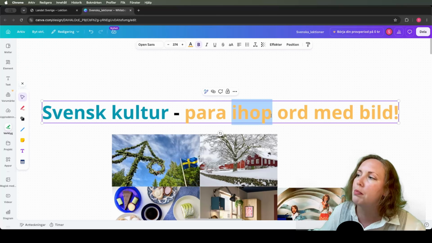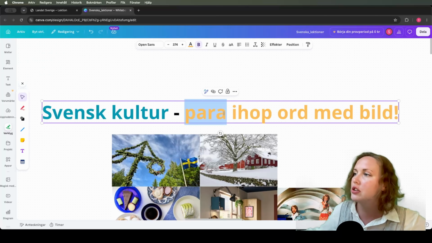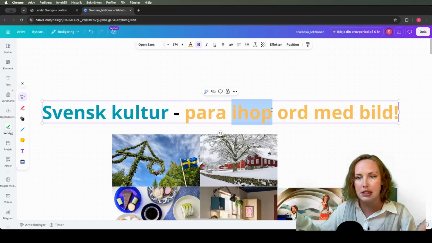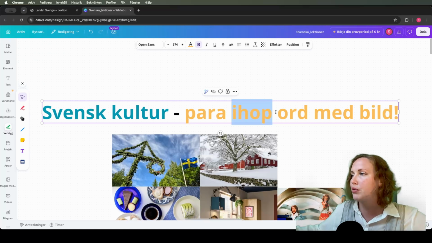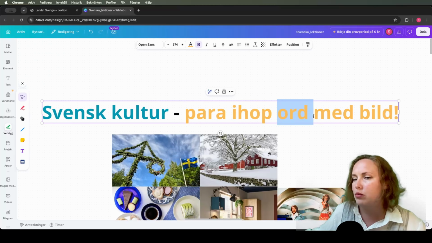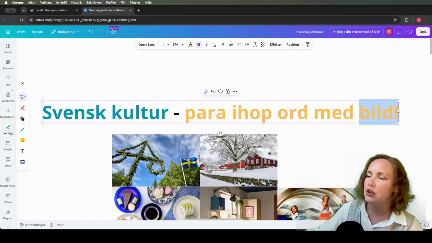Para ihop. So para is related to pair in English. Ihop. Ord. Word. Med bild. Bild means picture.